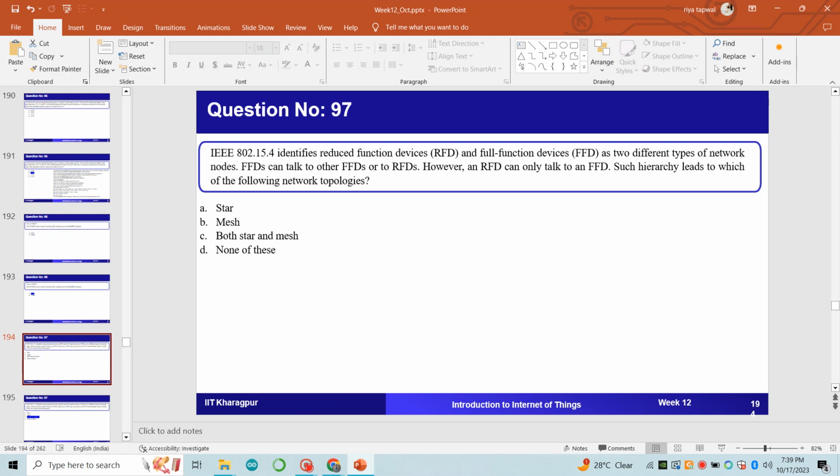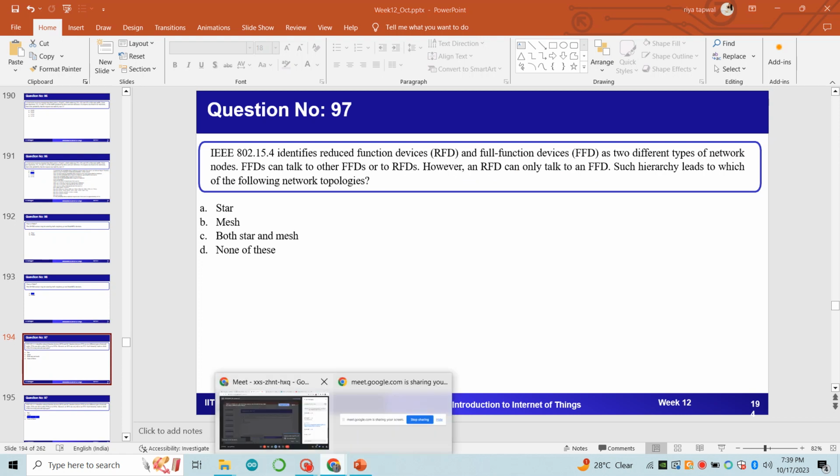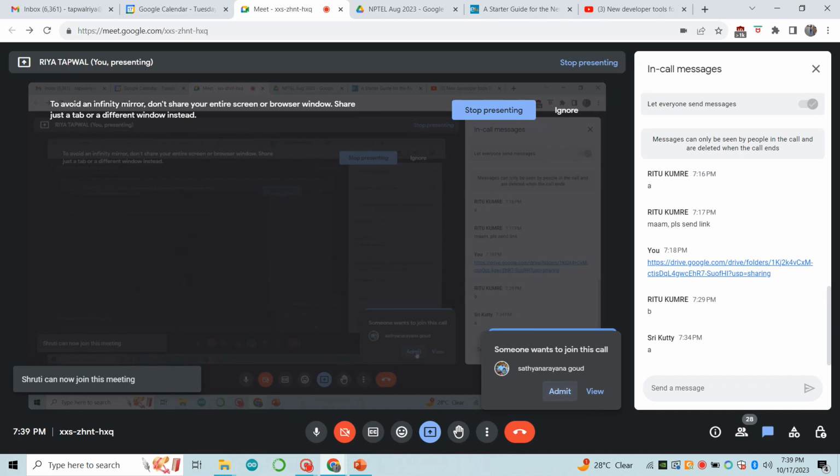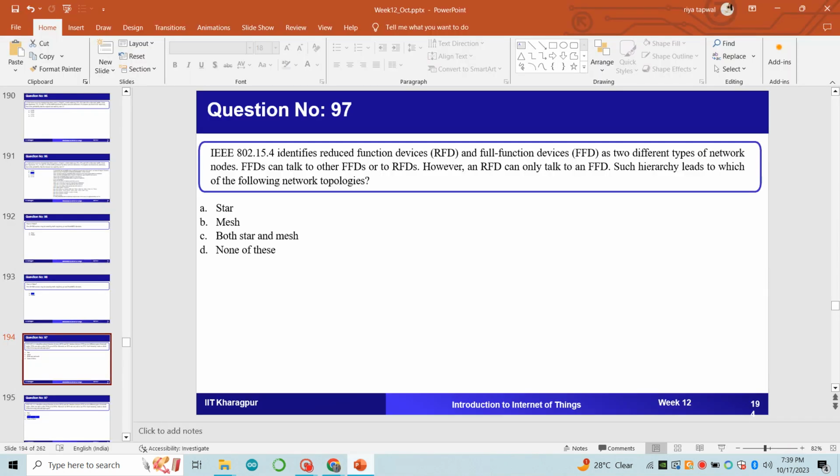Star, mesh, both star and mesh, none of these. Both, ma'am. Anyone else? Yes, it's both star and mesh.